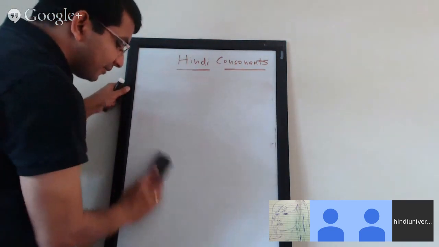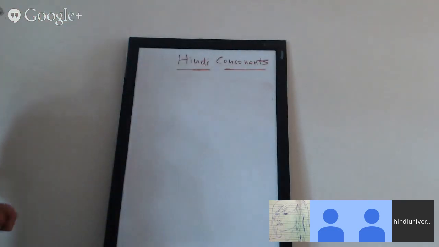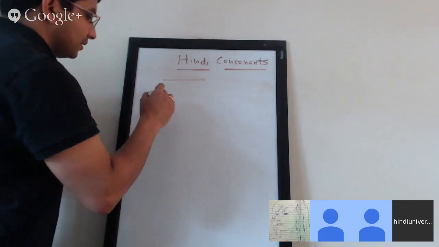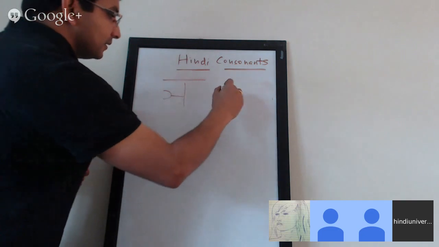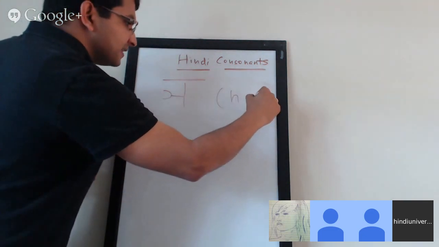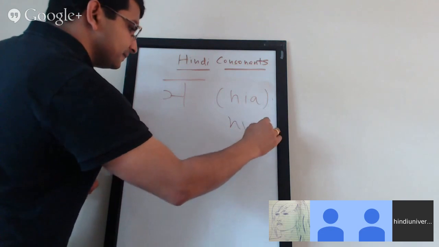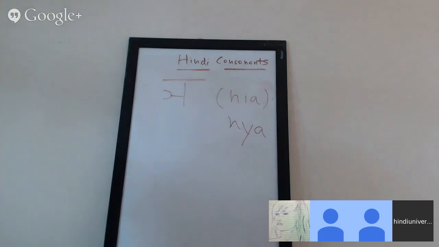So the last one, as I mentioned, you won't be seeing a lot of examples of this sound, which is the last palatal. It's basically referred to as NIA or NYA. You won't see a lot of words with this particular sound.